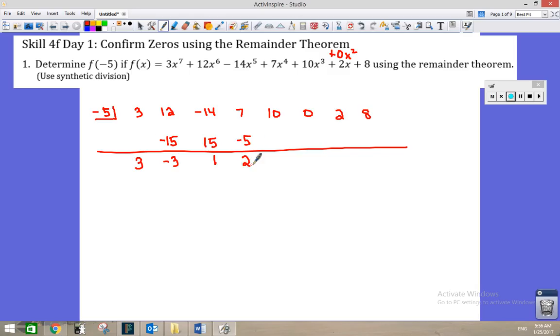And I'm trying not to make any silly arithmetic errors. So f evaluated at -5 is equal to -2 according to this theorem.